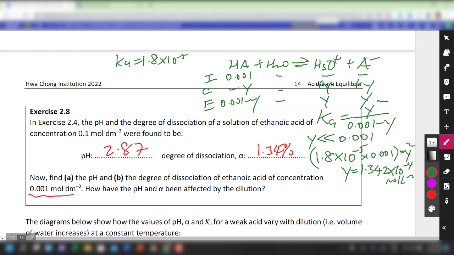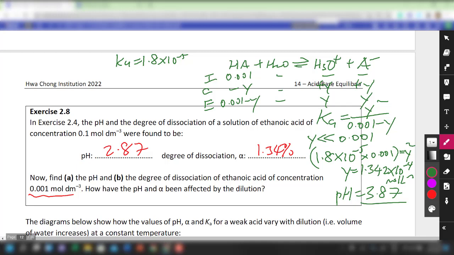And then from here we can calculate the pH. So we'll determine the pH, minus log base 10 of this. We'll get 3.87. Okay, so this 3.87 is the pH. Then what we're going to do now is determine alpha.